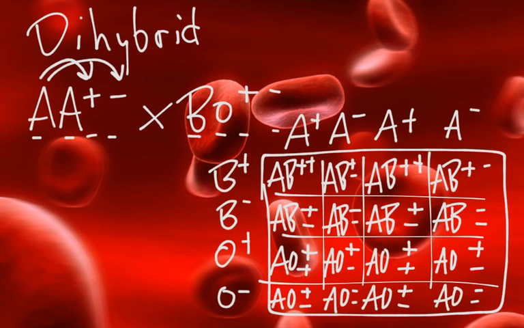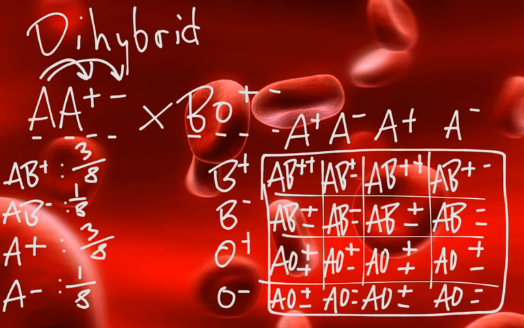And when you're finished, it will look like this, and you can actually figure out your phenotypic ratios that way. When you're done, your phenotypic ratios will be about 3/8 or 6 out of 16 are going to be AB positive, 1/8 is going to be AB negative, 3/8 is going to be A positive, and 1/8 is going to be A negative. So those would be your expected outcomes.